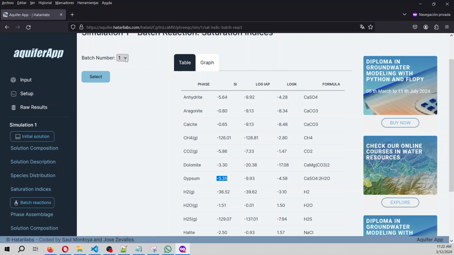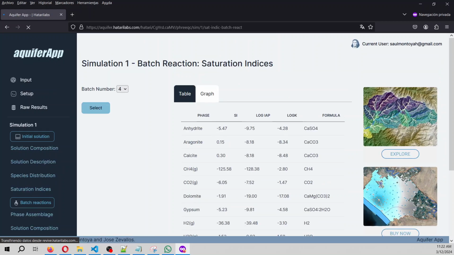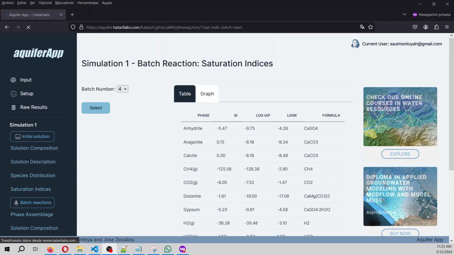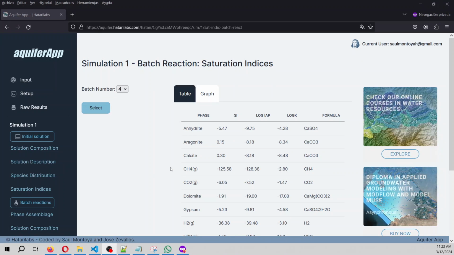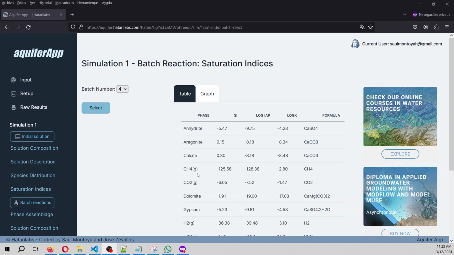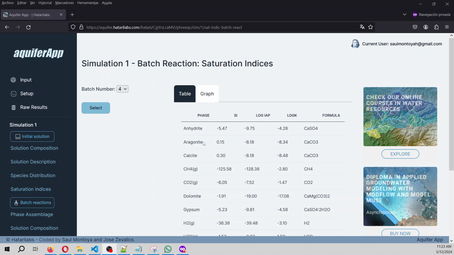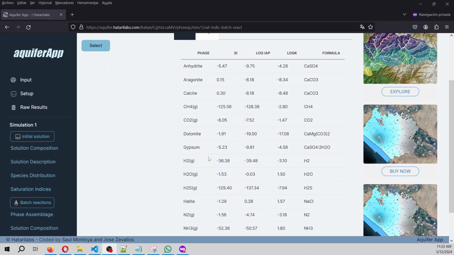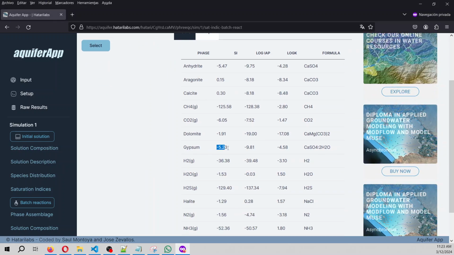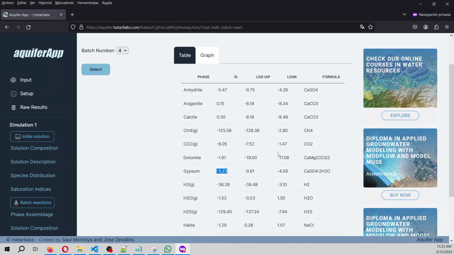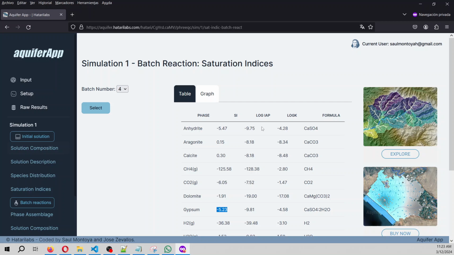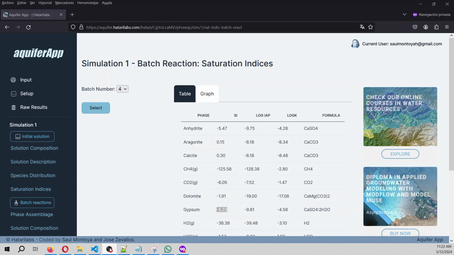However, when we change it to number 4, we see that it is slightly saturated over aragonite and calcite, but still unsaturated with respect to gypsum.